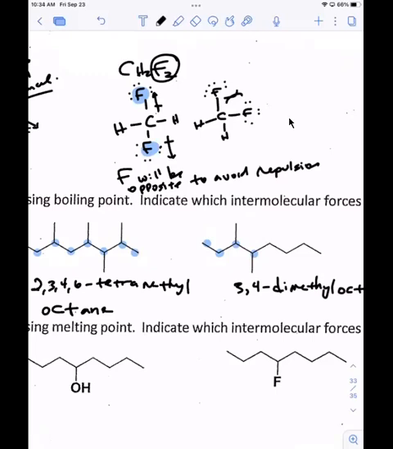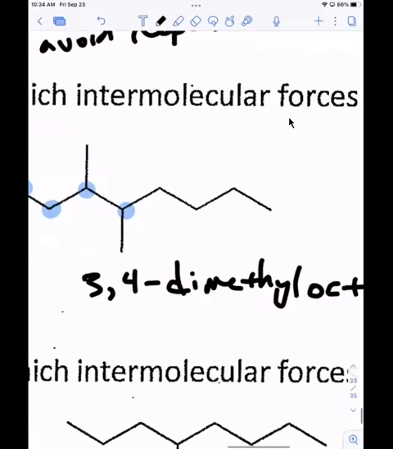For the 3,4 dimethyl octane, I got 325.4 degrees Fahrenheit.